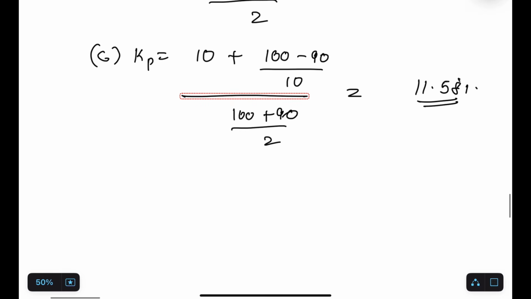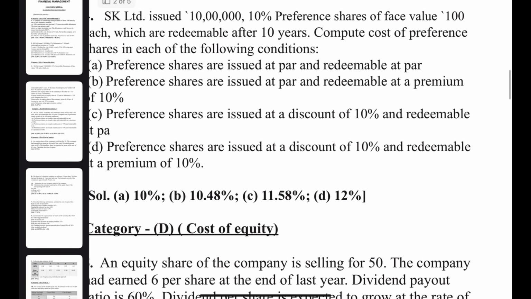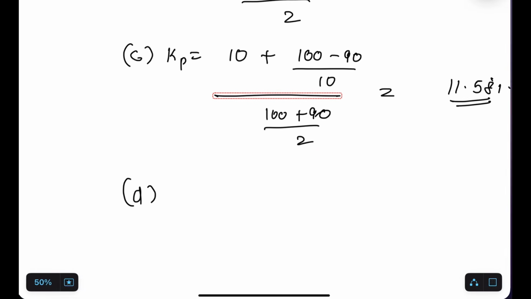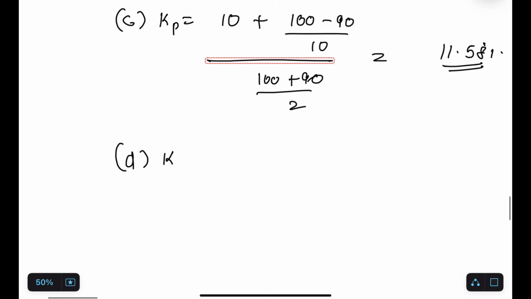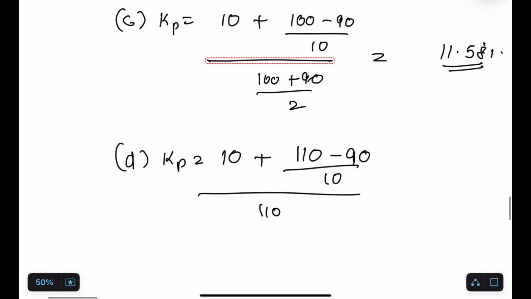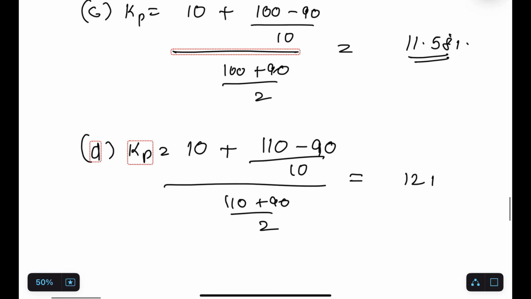Then in our fourth case, the preference shares are issued at a discount of 10% and redeemable at a premium of 10%. So here, 10 rupees preference dividend plus 110 rupees RV minus 90 rupees PV divided by 10, and here we would take the average of both. Here we would get 12% as our cost of preference share.